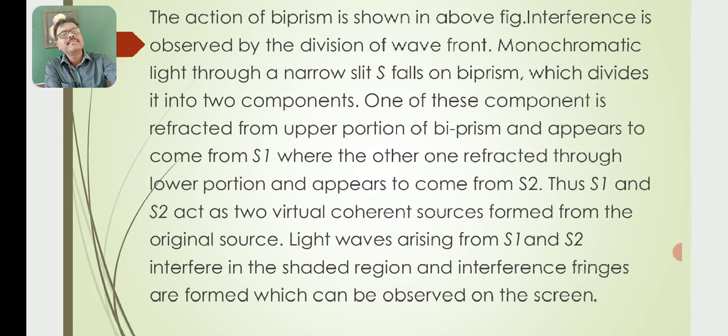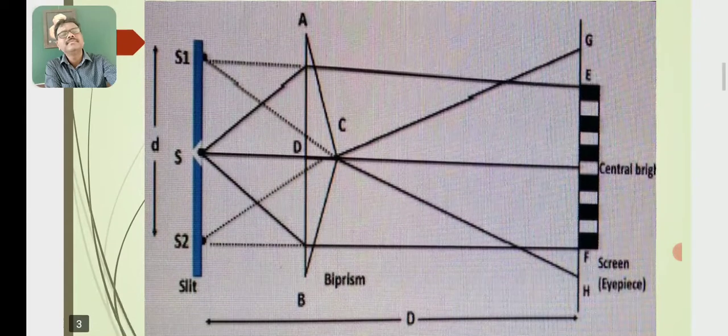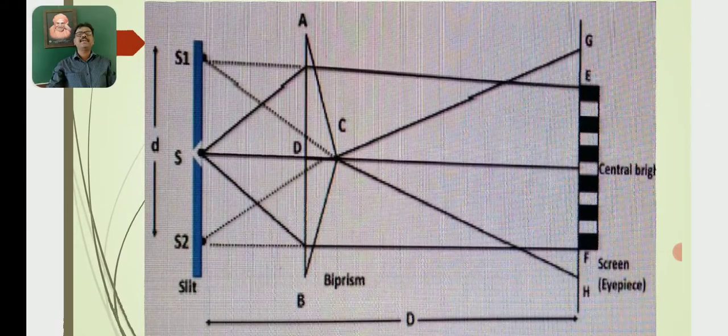So look here, just to see the diagram, the monochromatic light is made incident on the slit S. The light from the source slit is made to incident on the biprism.